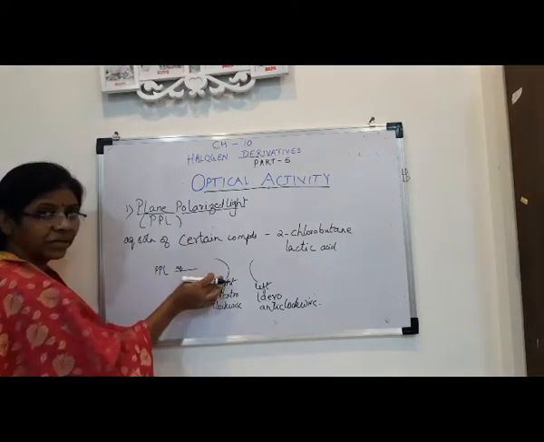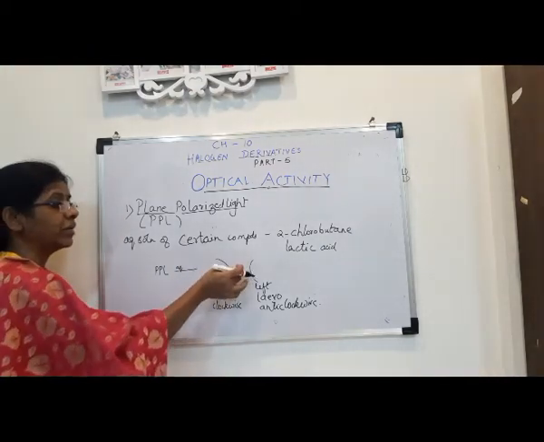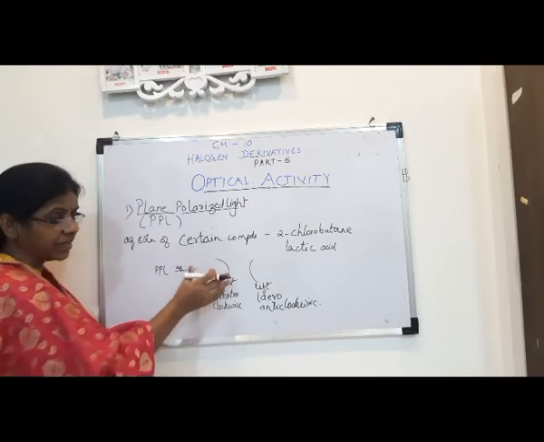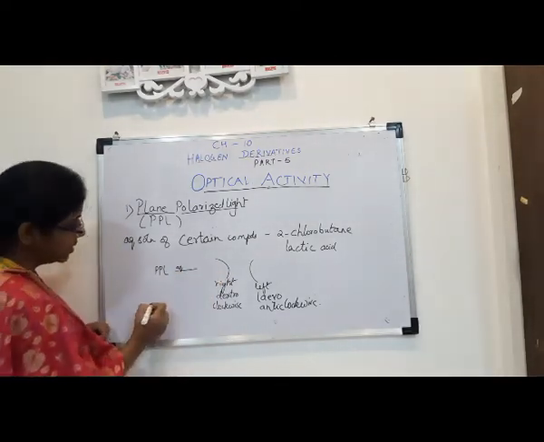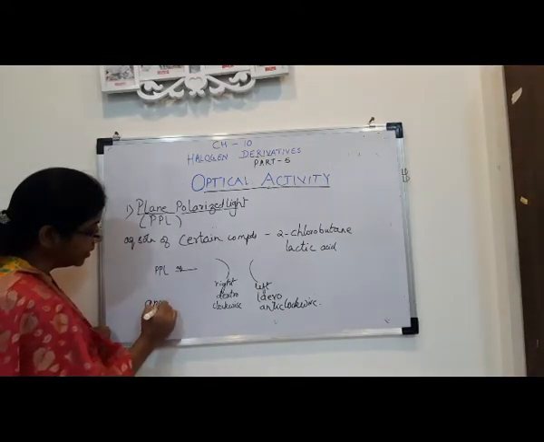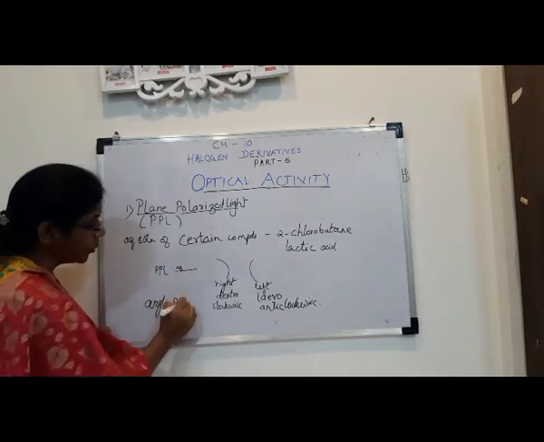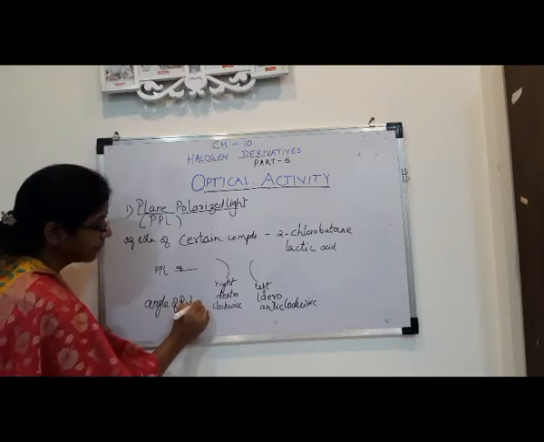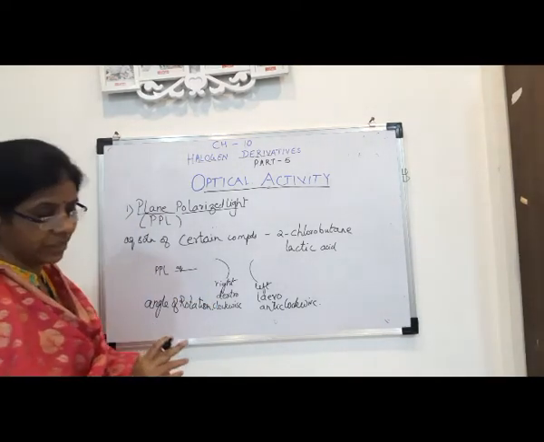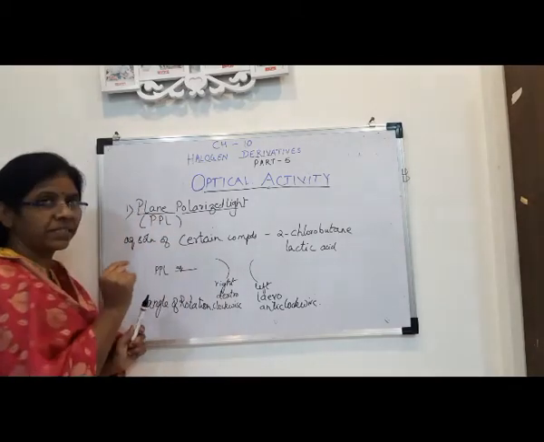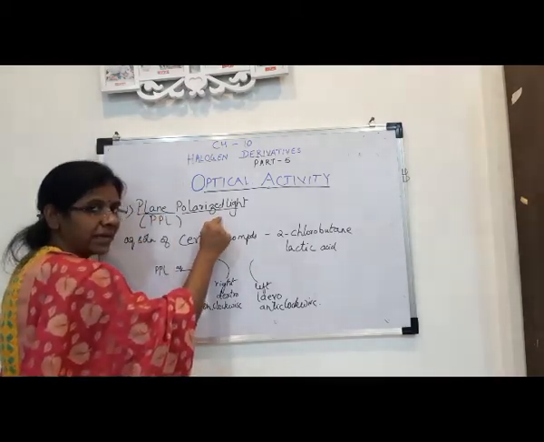Either it is rotated to the right or to the left, and through how many degrees it is rotated, that is called the angle of rotation. Did you get this? Angle of rotation. So how many terms have we seen just now? Plane polarized light.